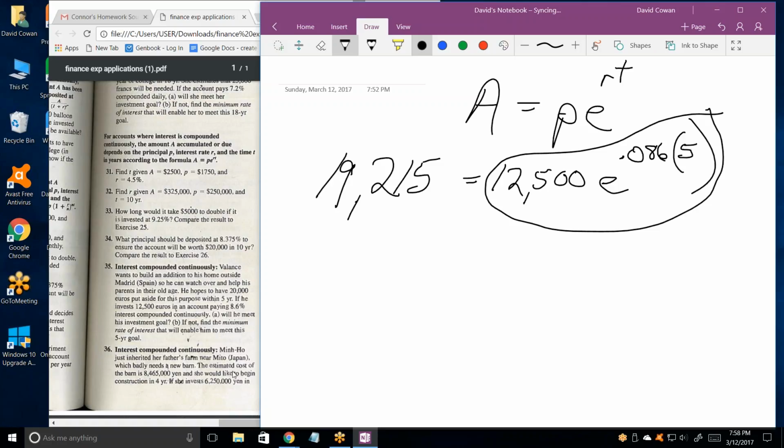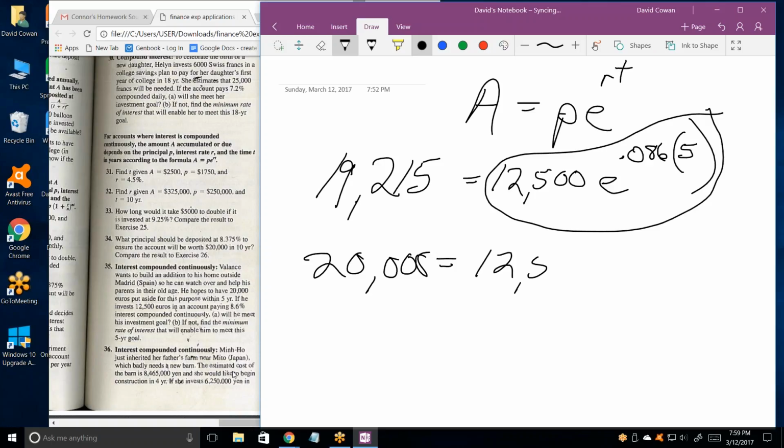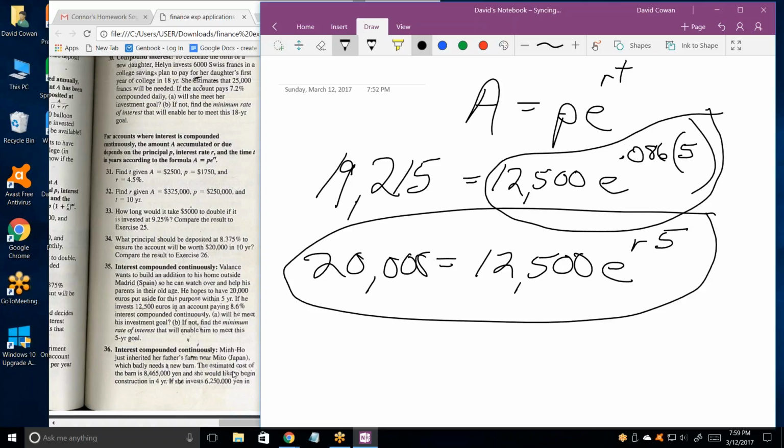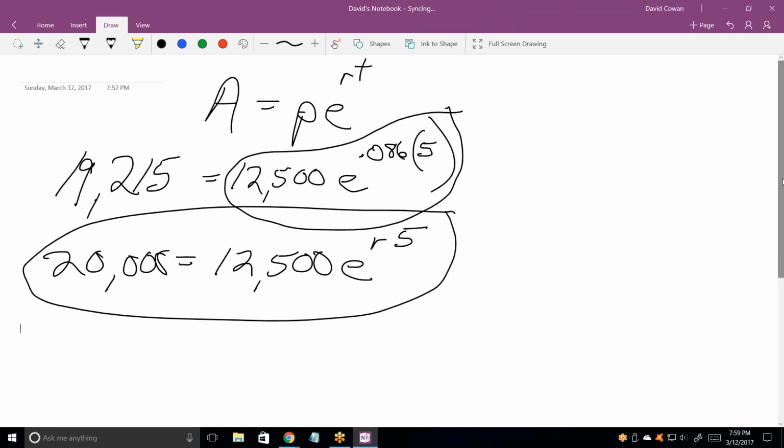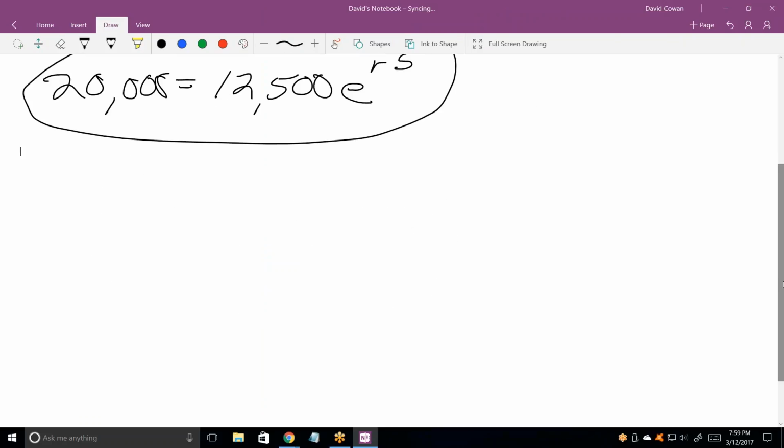So what equation should I write? 20,000 is equal to 12,500 e to the power of R times 5. Perfect. Now, again, we have an equation that has the variable in the exponent. Tell me how to solve it.